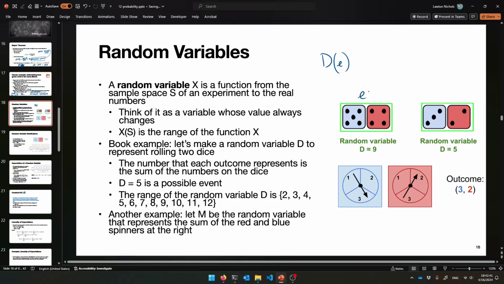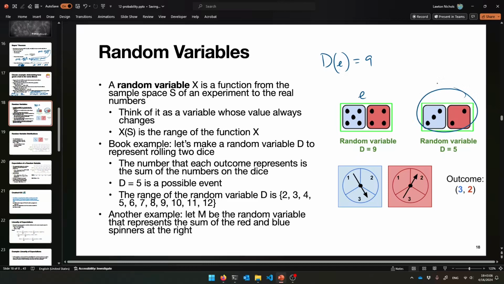So if this is event E, what should we define the random variable to give back if this was the outcome? Well, the sum of all the numbers on those dice is 9. Okay? So that's one value that the random variable could take on. It's meant to keep track of all the possible different ways that you could get numbers back by rolling 2 dice and adding them up.